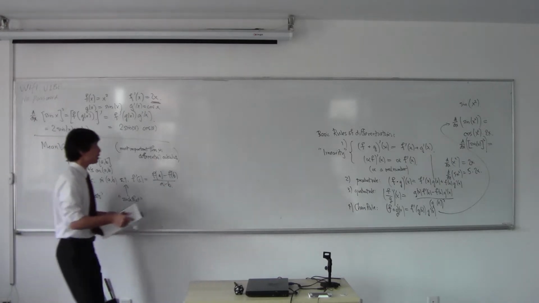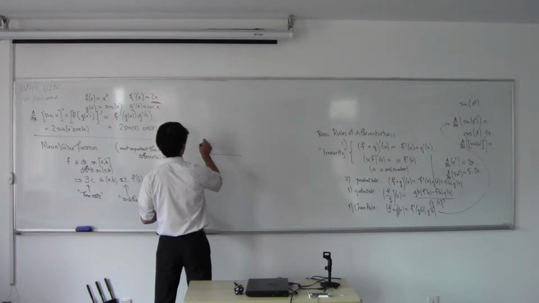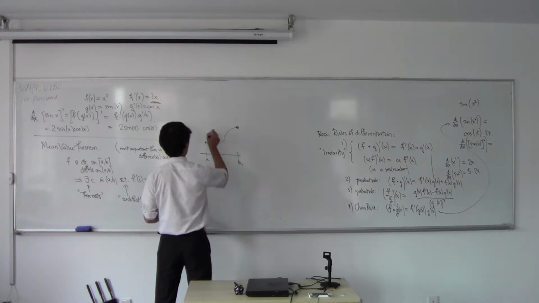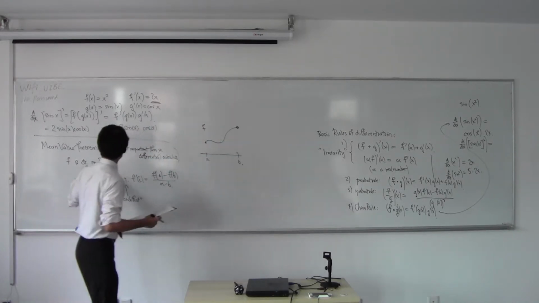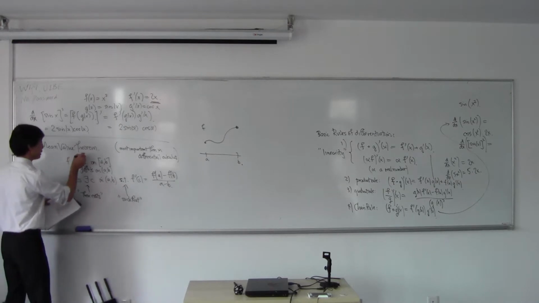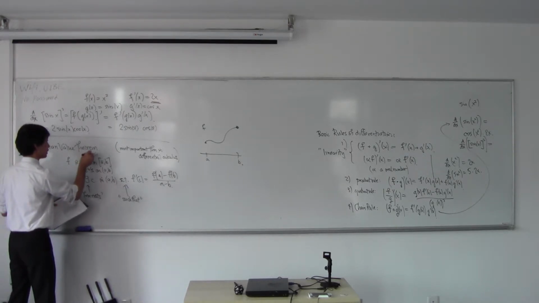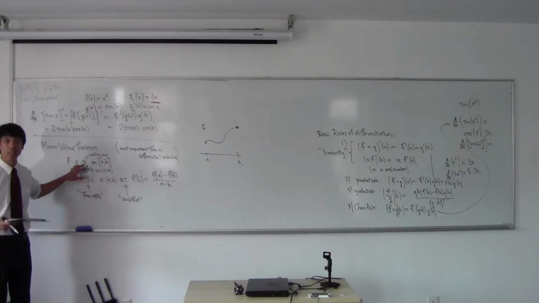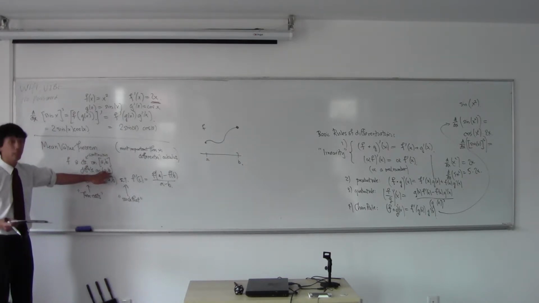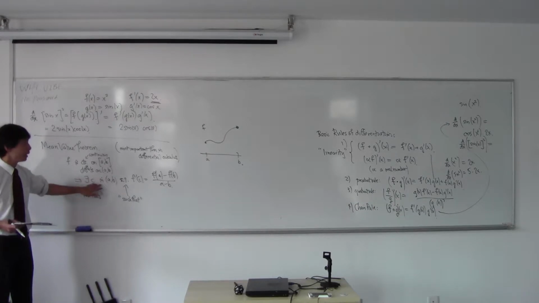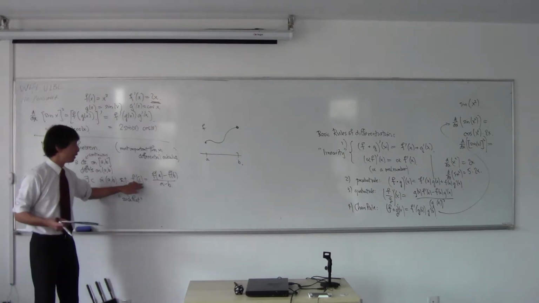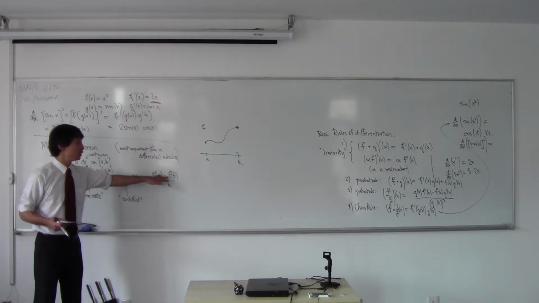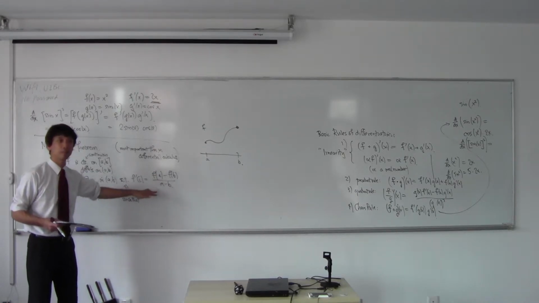So the picture is like this, right? You have some function on [a, b], and it's continuous. It's continuous on [a, b]. It's differentiable on the open interval (a, b). Then there's a point where the slope of the tangent line equals the slope of the line through the endpoints.